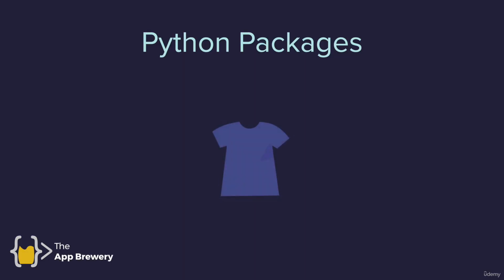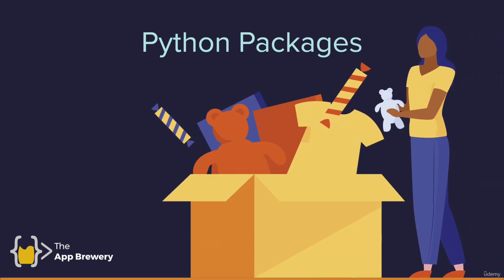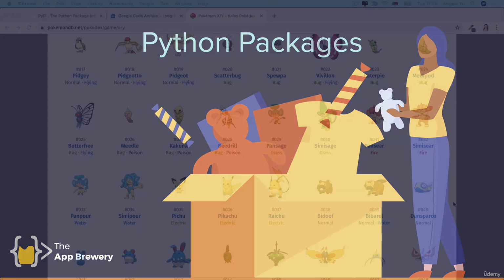Now, we've seen modules of code, where each file that we create in our project is essentially a module in itself. But a package differs from a module in the sense that it's actually a whole bunch of code that other people have written. Lots and lots of files all packaged together to achieve some sort of goal or purpose.